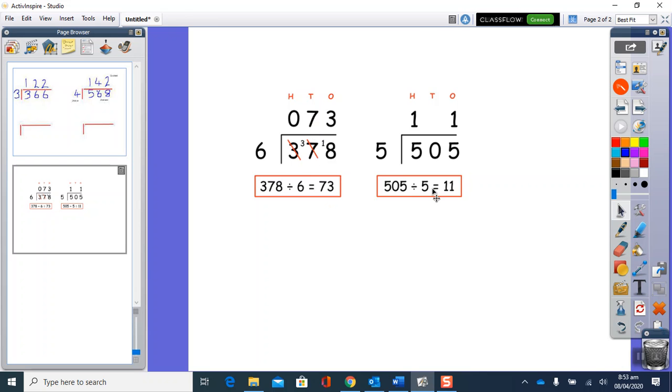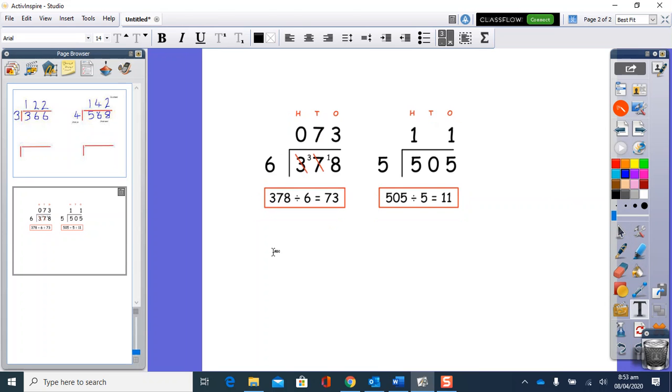So Jamie's made a mistake here in that he has written, Jamie's mistake was that he thought that 7 lots of 6 went into 37 with 1 remainder.